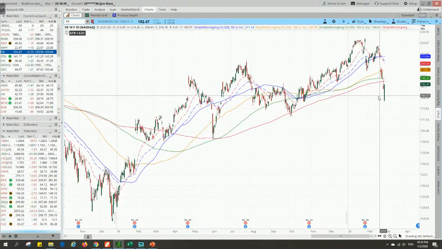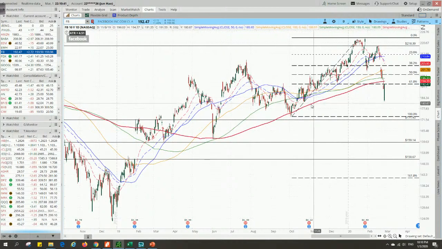Yeah, so Facebook, you see it broke down through the 200 SMA, and you see that the chart of Facebook doesn't look as nice as Amazon. And you can see that I have done a brief analysis using the Fibonacci retracement from the bottom of the wave to the top of the wave.